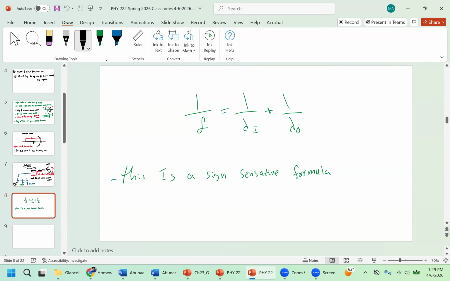What does that mean? When you talk about sign sensitive, it means we put signs where we substitute numbers.